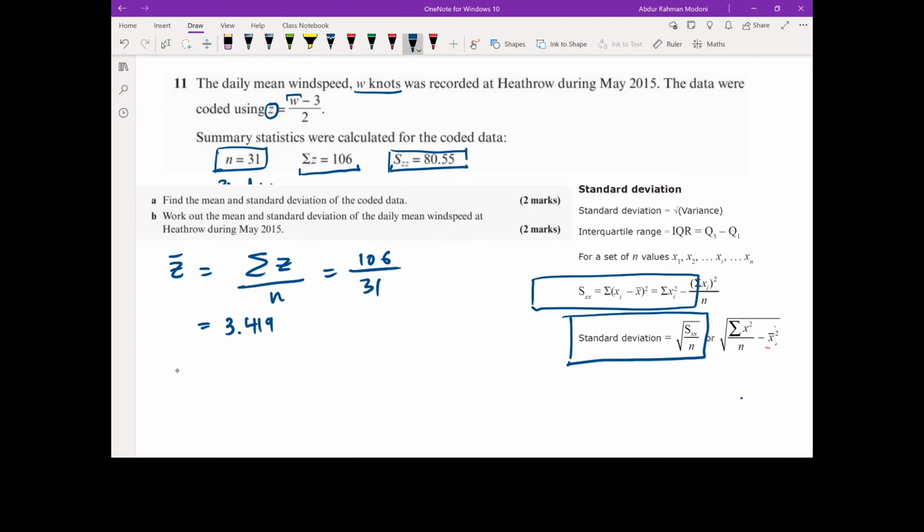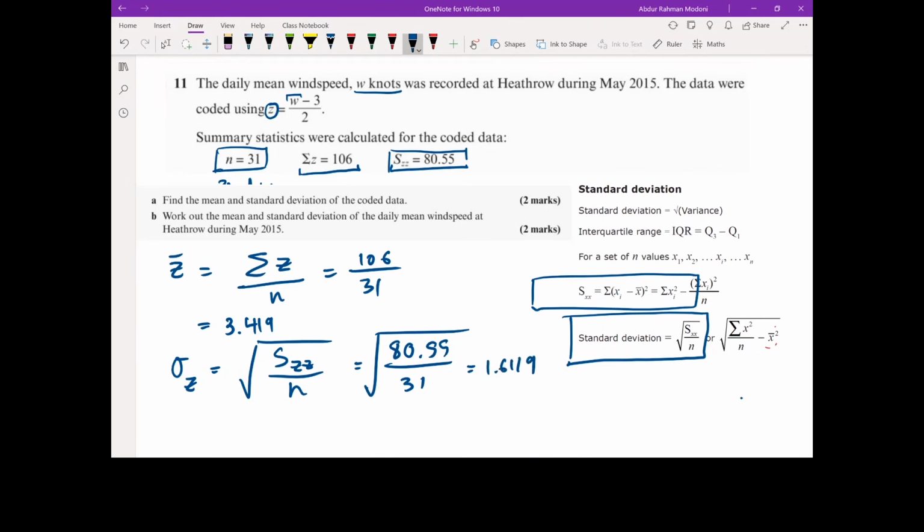It's the square root of Sxx over n. So sigma, the standard deviation for Z values, is equal to the square root of Szz over n, which is equal to 80.55 divided by n, which is 31, all square rooted. And that gives us 1.6119. So there we have our standard deviation for the coded data.